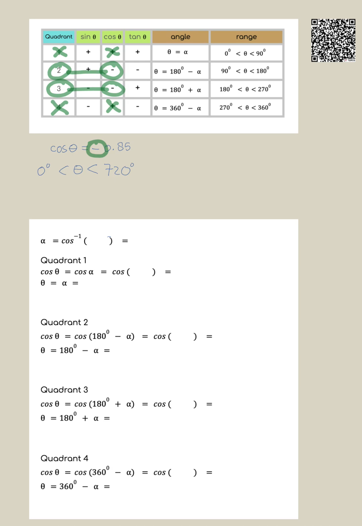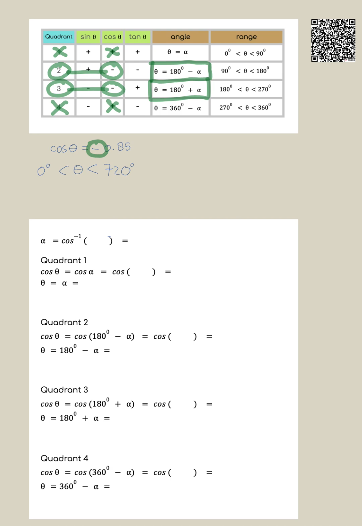The angle for quadrant 2 is theta equals 180 minus alpha, and for quadrant 3 theta equals 180 plus alpha. So we apply it here.